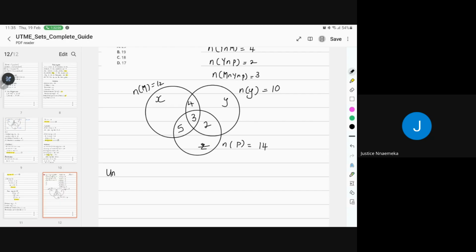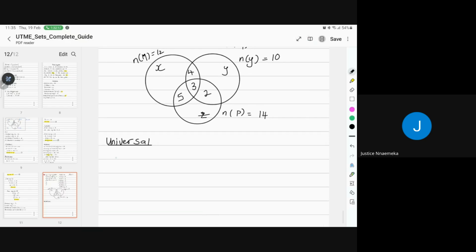What they are asking for is the people that do maize only, plus yam only, plus plantain only, plus all the other values, 5, plus 4, plus 3, plus 2, which will give me U, the group of women. But it's not complete. Therefore, I need to find my X, my Y, and my Z.